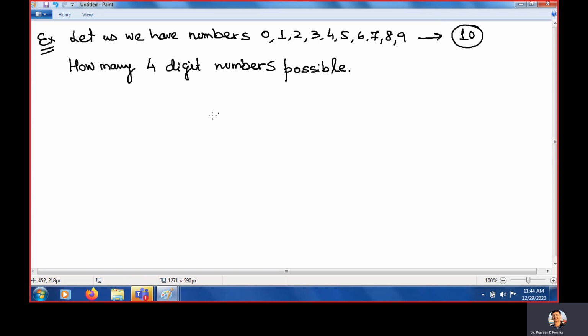If we want to check how many 4-digit numbers are possible, there are two cases. Case 1, repetition is allowed. Case 2, repetition not allowed.